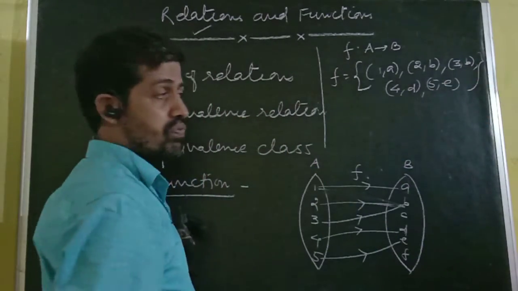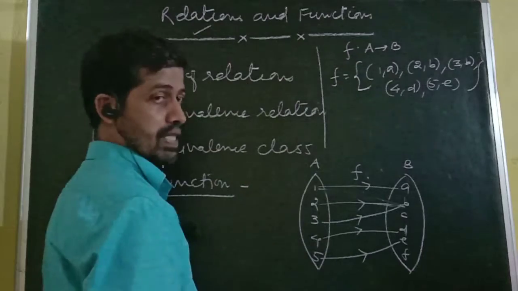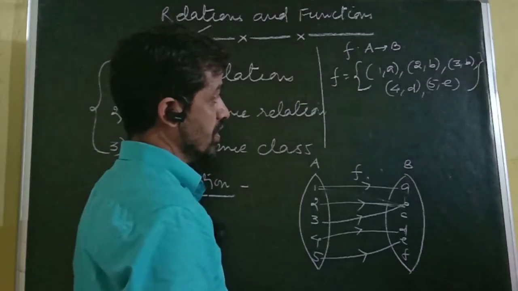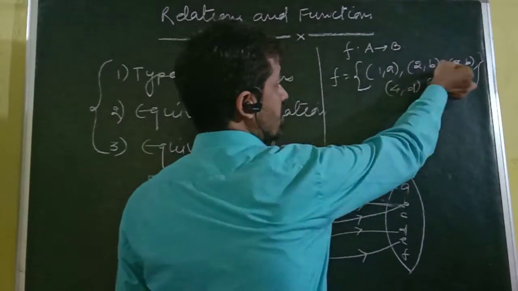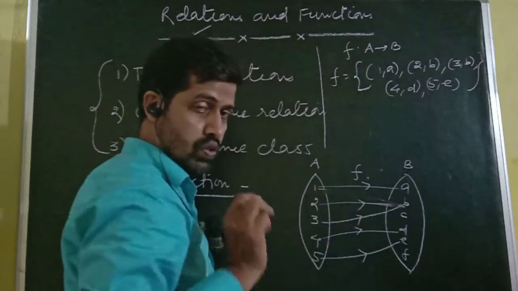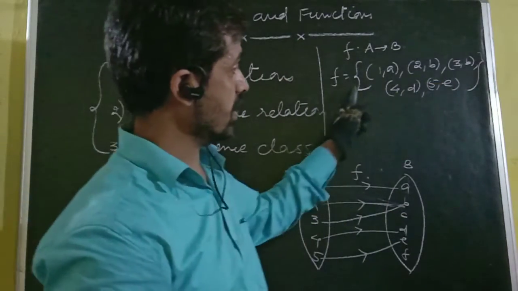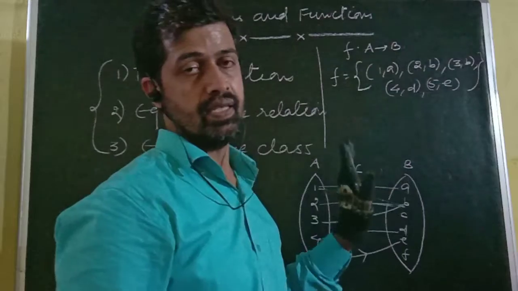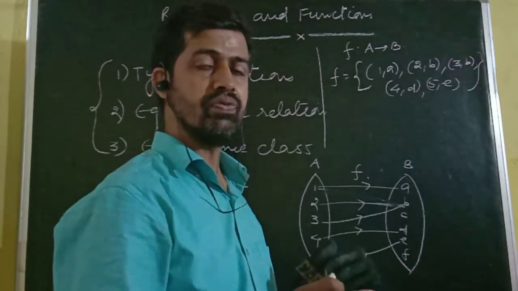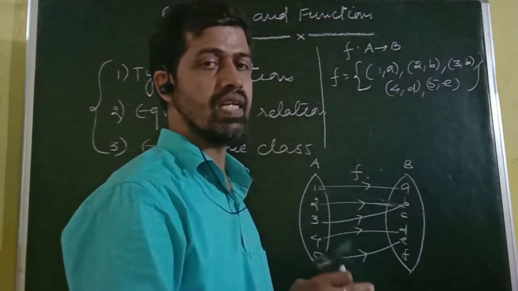So this is a function. In case of a function, the first element is not repeated. Do remember, the first element in a function is not repeated. However, these details we have studied in class 11th.